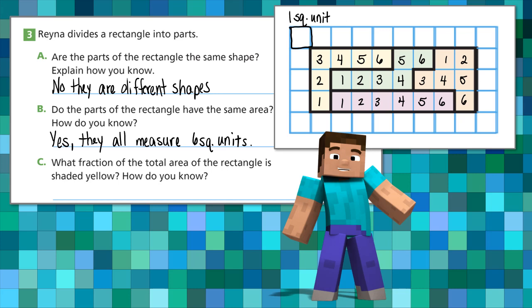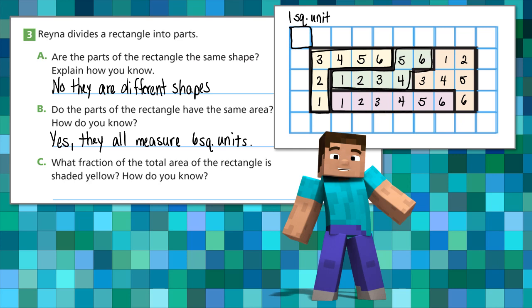So what fraction of the total area is shaded yellow? How do you know? Well, a few different ways that we can do this. We know that the yellow shape has 6 square units. The green shape has 6 square units.